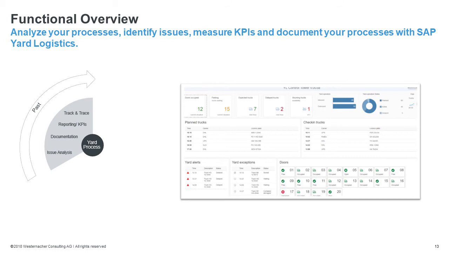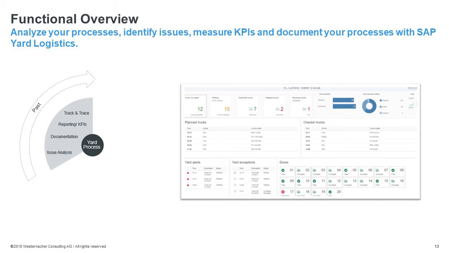For example, if a truck is late, or if something is not working the way I wanted it to work, then I would see this in this area. I can also see some exceptions and, although it's hard to see, their status. Some of them are resolved, some are still in progress, and with that you can see all the exceptions and alerts that came in, and how they were solved.